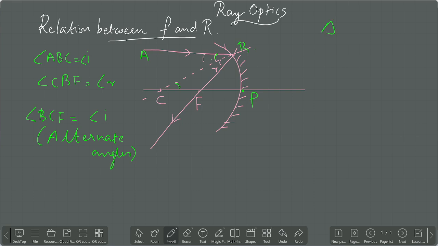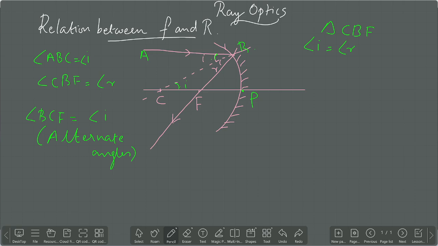Now look at this triangle. In triangle CBF, you can call it as this angle. This angle already I told you it is alternate angle I, and this is R. Isn't it? One angle is I and one angle is R. You already know what about I and R. This angle and this angle, they are always equal.